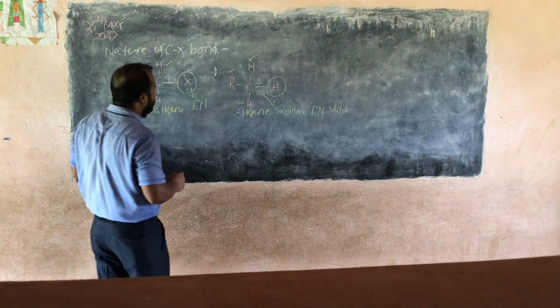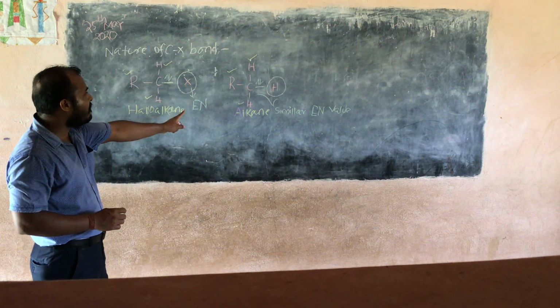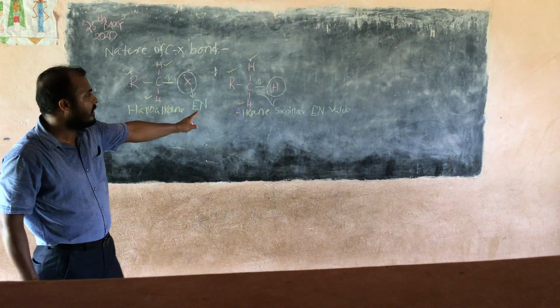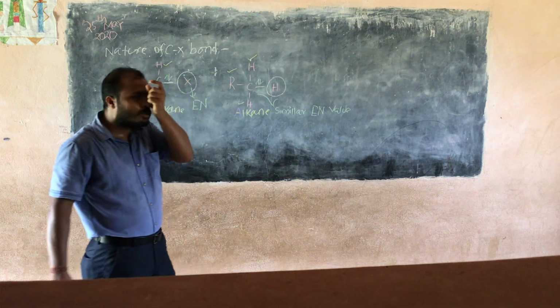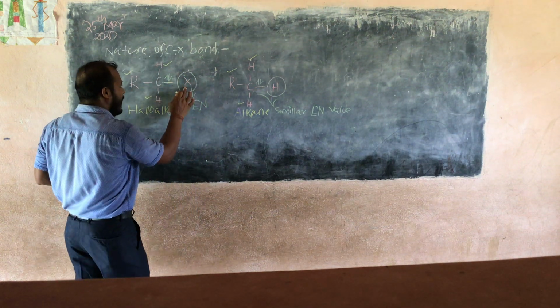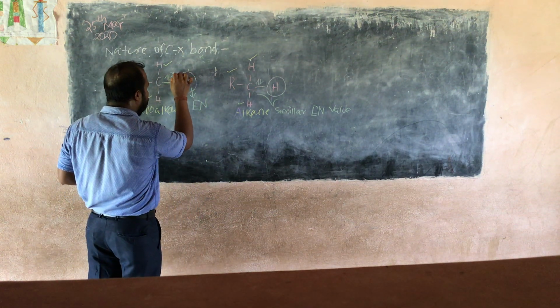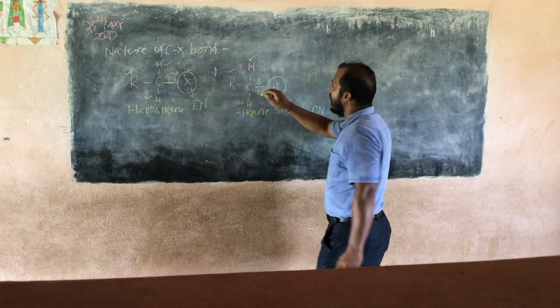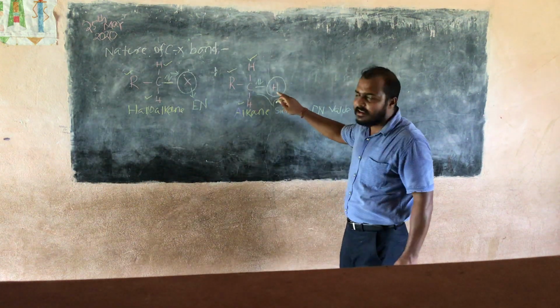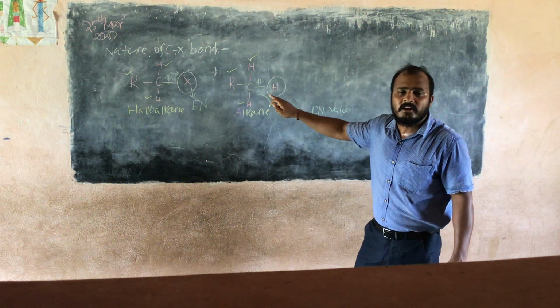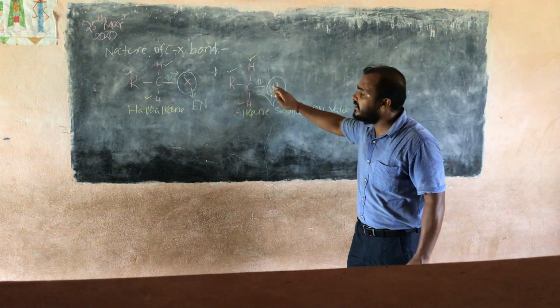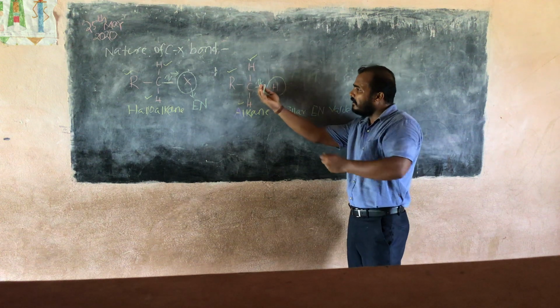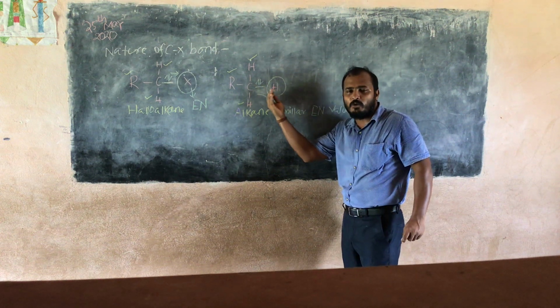So for the bond pair electrons, X halogens have more electronegativity value in comparison to hydrogen. What will happen? This halogen will attract the bond pair electrons towards itself, whereas H, because it has similar electronegativity value to carbon, cannot pull the bond pair electrons towards itself.